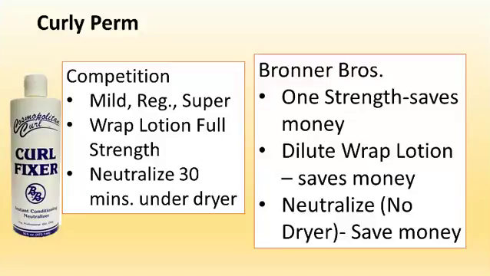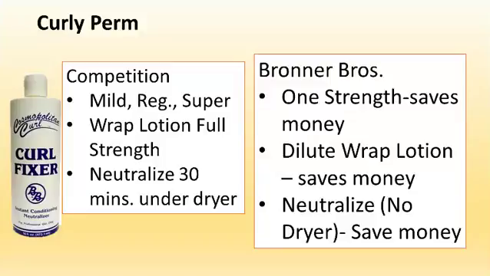And as a result of that, Bronner was able to get positioned in the marketplace and be one of the top brands in the curl category, primarily from us looking at what the competition's weaknesses were, what advantages Bronner had, and taking those advantages and turning them into a winning marketing strategy in the marketplace for us and the Bronner company.